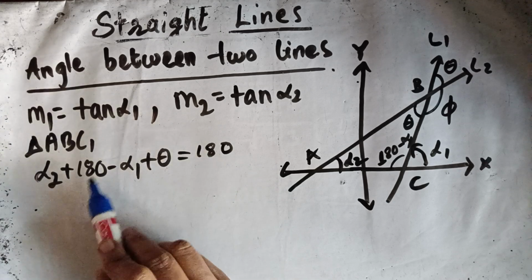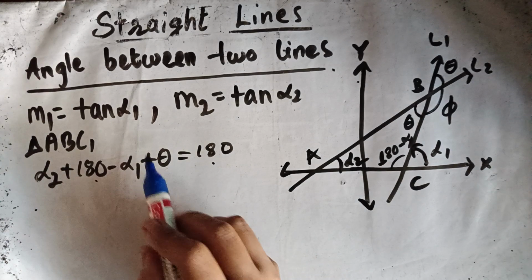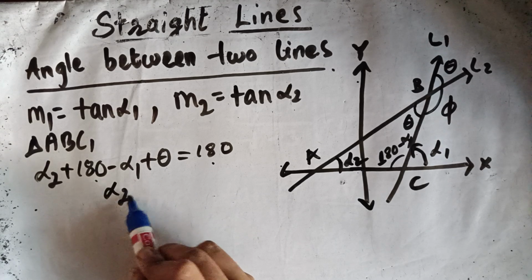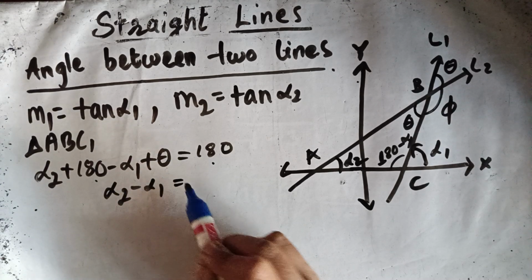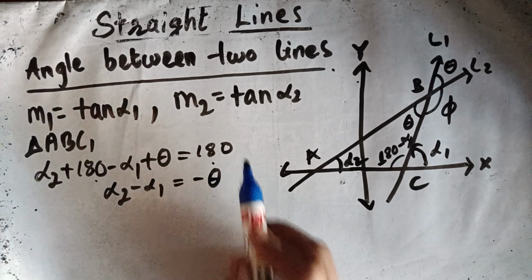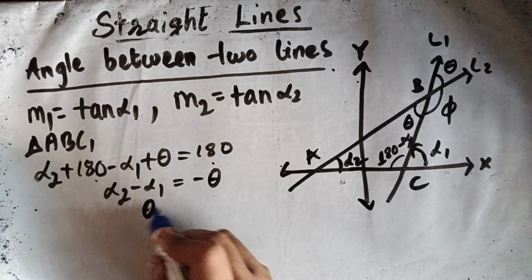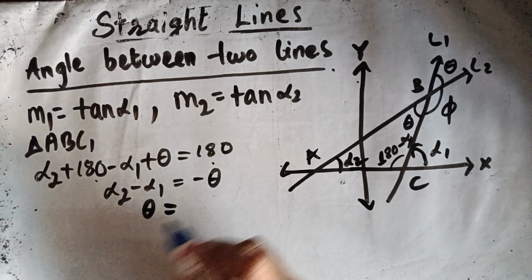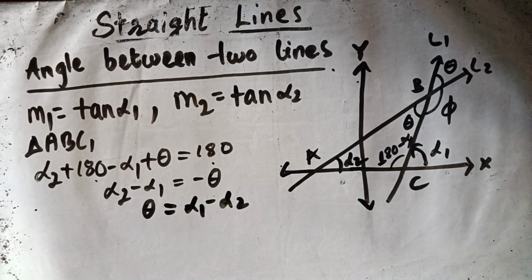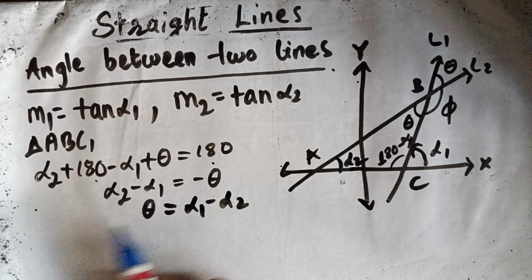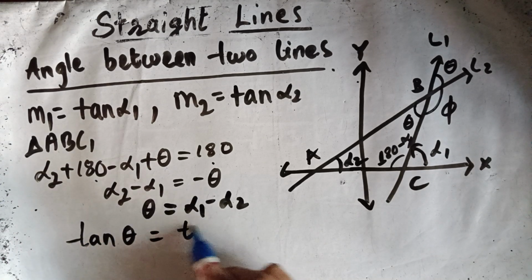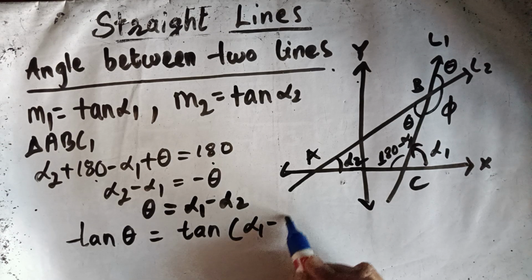So this 180 and this 180 get cancelled. So you will get alpha 2 minus alpha 1 is equal to minus theta. So we can remove this minus sign, so this becomes theta. If I take the minus sign this side, alpha 1 minus alpha 2. Now taking tan on both sides, tan theta equals tan of alpha 1 minus alpha 2.